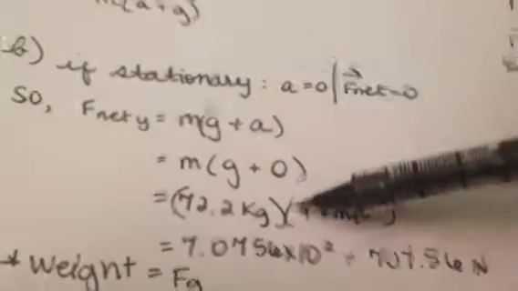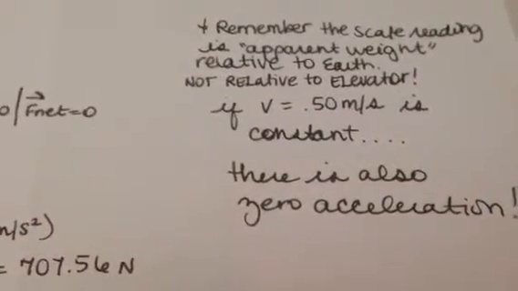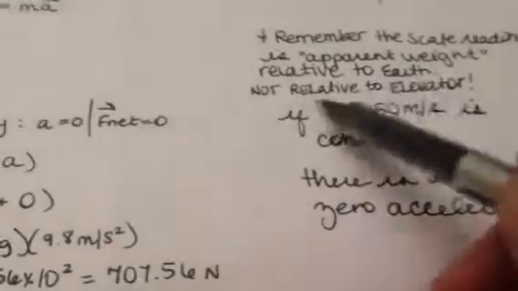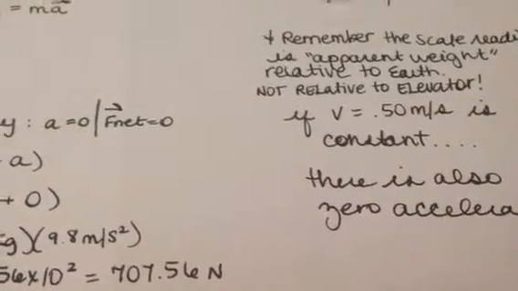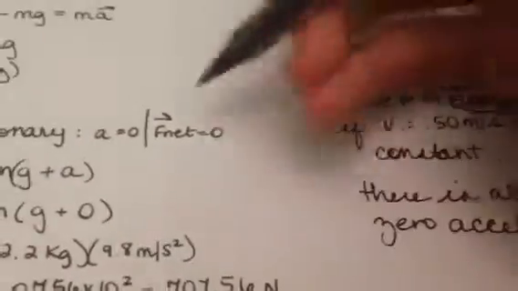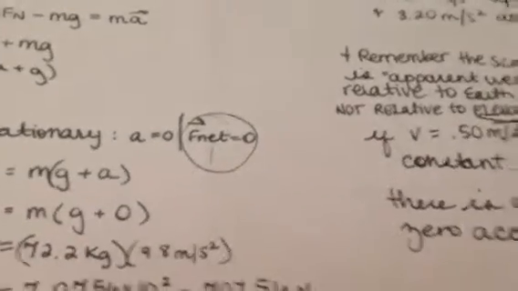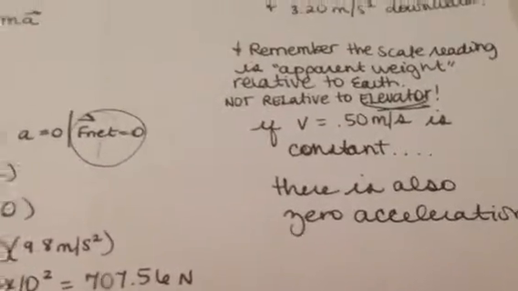A is equal to 0, and it's the exact same problem. Remember that the scale reading is the apparent weight relative to the Earth, not relative to the elevator. Because if it was relative to the elevator, then F net would be 0 because the elevator is also moving in the same direction.